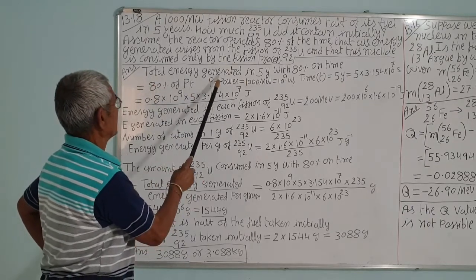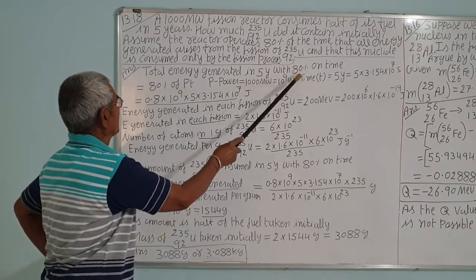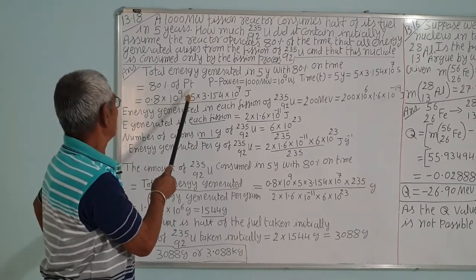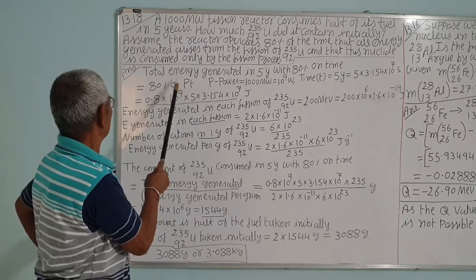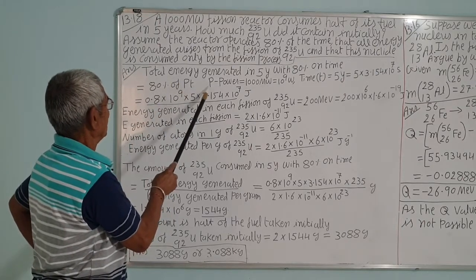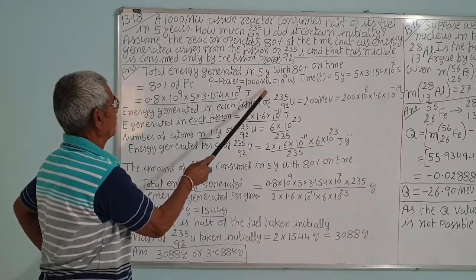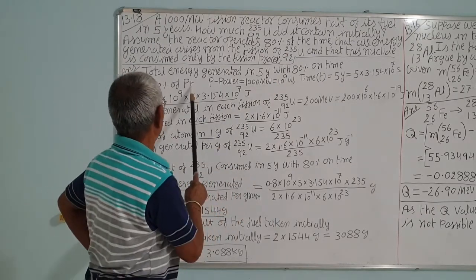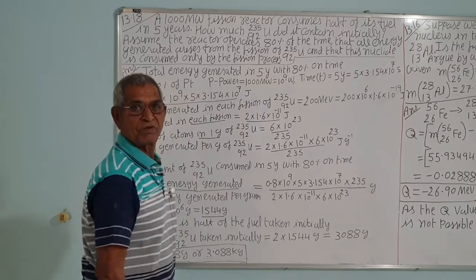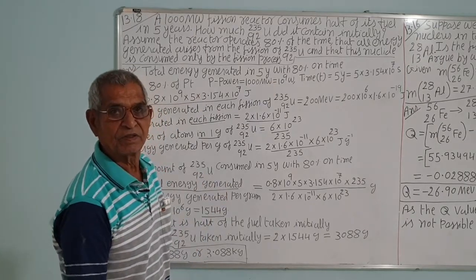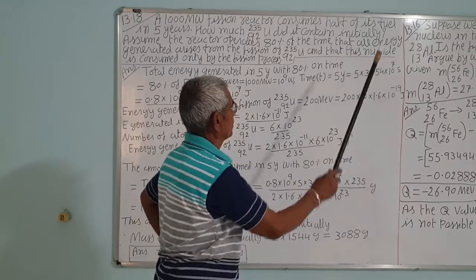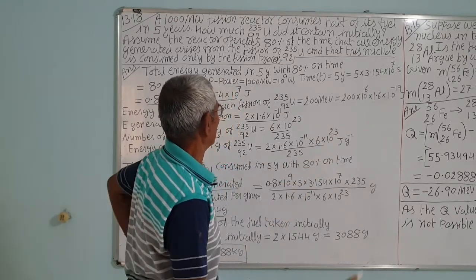So total energy generated in 5 years with 80% on the time, that is 80% of power into time, that is energy. The power is 1000 megawatt, that is 10^9 watt, and time t is 5 years, convert into seconds, that is 5 into seconds of 1 year, which is 3.154 into 10^7 seconds.